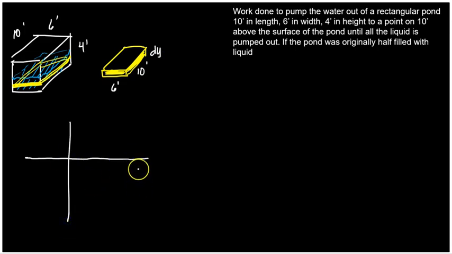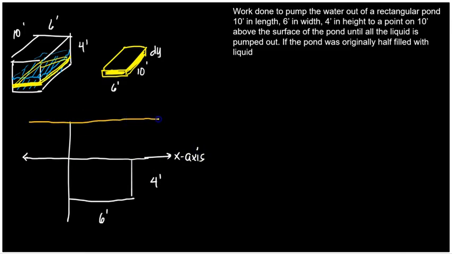So let's draw the tank or the pond in a Cartesian plane. This one would be 6 feet by 4 feet. Let's use this as the x-axis. And then this one, let's assume this to be the final position, and y is equal to 10 feet.